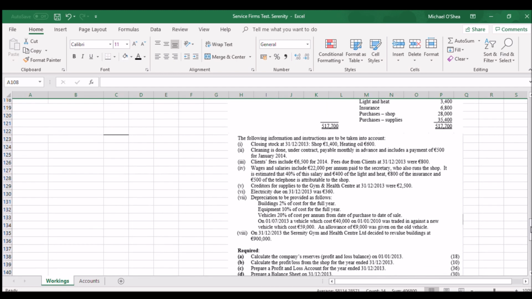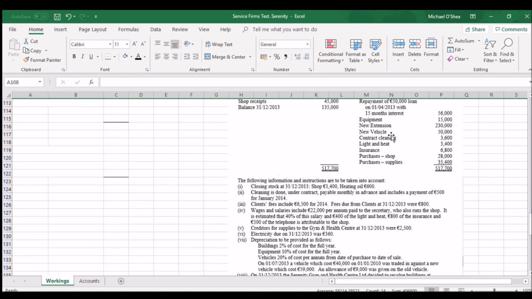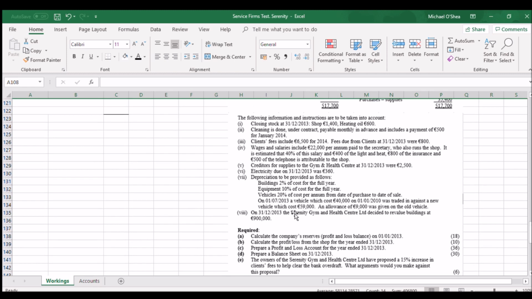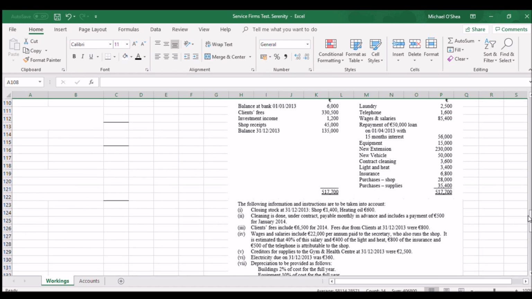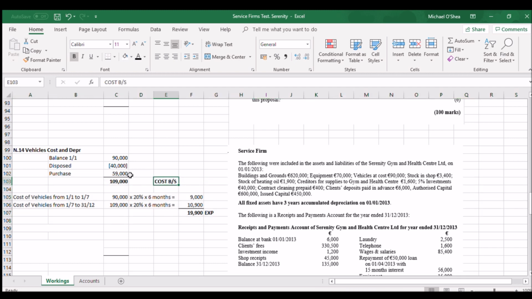After that, we see that we've purchased the vehicle, so we can't close off our vehicles account because we've purchased the vehicle. It says that we've paid 50,000, but we're not going to put that figure in. The reason we're not going to put that in is because it says here the new vehicle cost 59,000. When you're dealing with balance sheet figures, you can see it's always cost. These are the figures going to the balance sheet as cost.